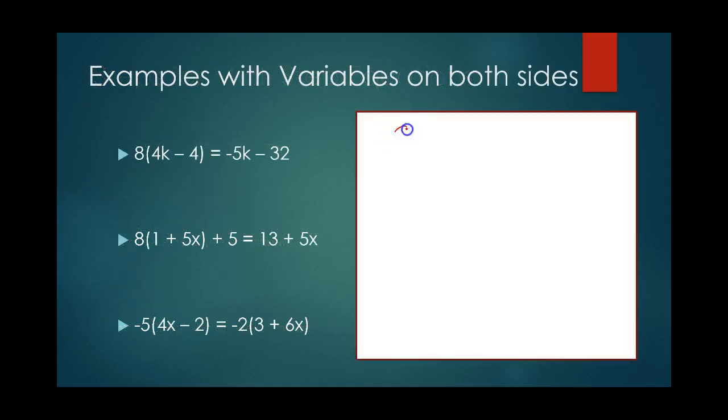Okay, so let's look at this first one. All right, so we're still going to utilize step 1. So can we simplify the left side? Yes, we can. We can distribute. So 8 times 4k is 32k.